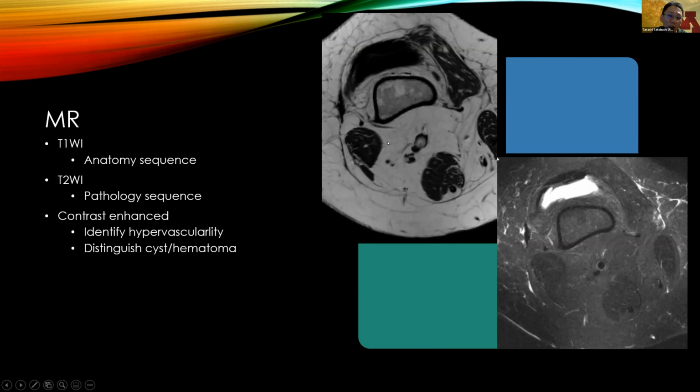CT is usually acquired once and then can be reconstructed in different planes. With that in mind, when you have a couple of different sequences in the MRI, they try to tell something a little bit differently.